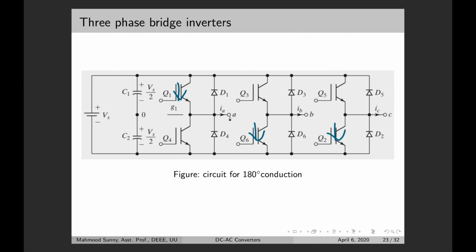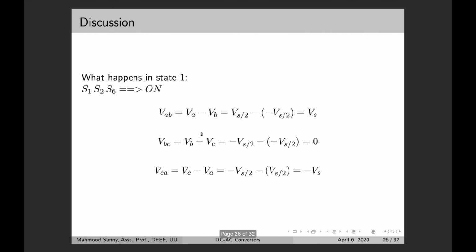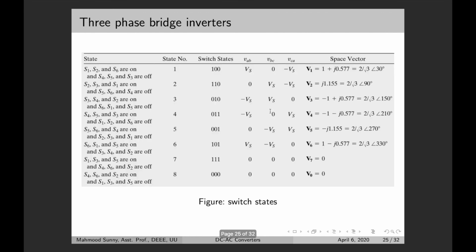That means terminal A is positive, terminal B is negative, and terminal C is also negative. So VAB would be VA minus VB, which would give us VS divided by 2 minus minus VS divided by 2, because VB is negative. So it gives us VS, which we can verify here. Yes.